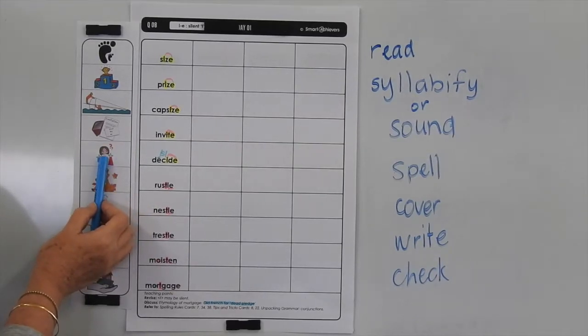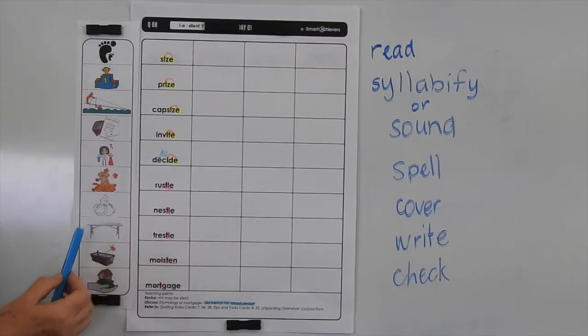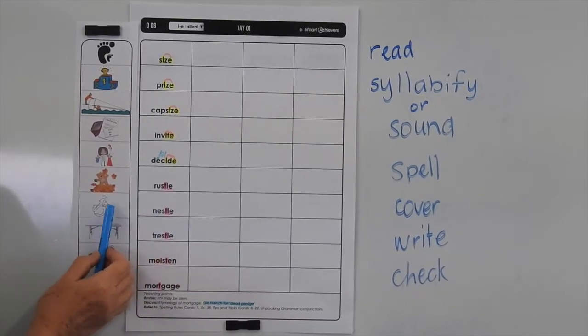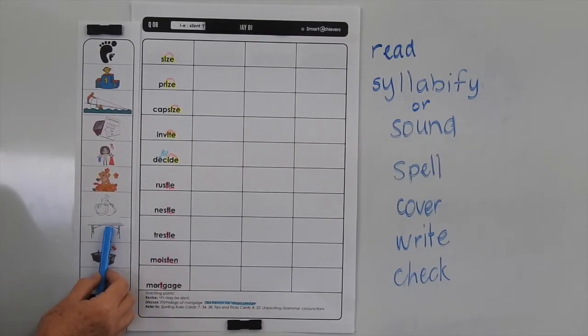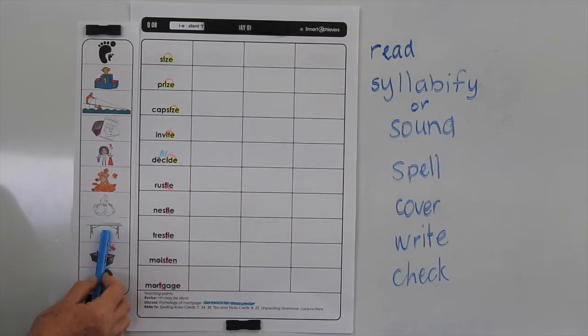Decide is to determine what to do. Rustle is a sound made by moving. You see a little bear playing in some leaves there and you could hear them rustling if you can imagine it. Nestle means to lie close to. A trestle could be a table, but it could also be a bench that we rest materials on, like wood or pipe, when we're building or making or fixing something.